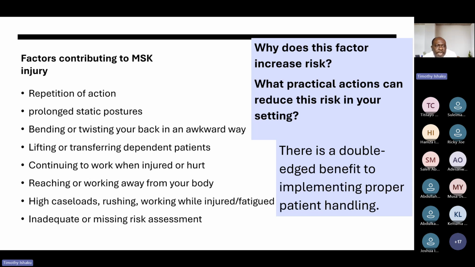And then the last one, which is quite important, is inadequate or missing risk assessment. Of all the ones that I've mentioned earlier, one of the main ones is inadequate or missing risk assessment. When we do not assess the risks, whether you as a clinician or the service didn't assess the risks, it can mean wrong technique.